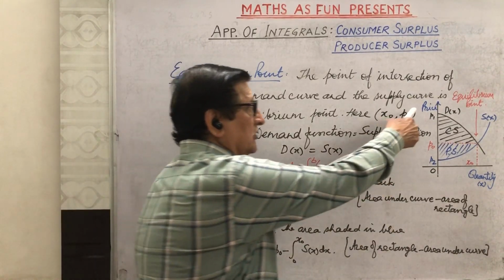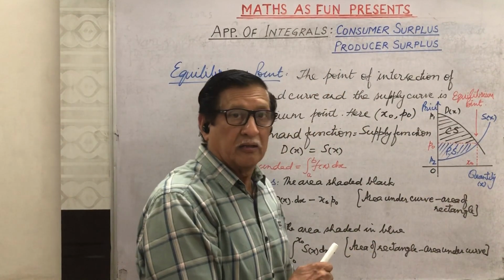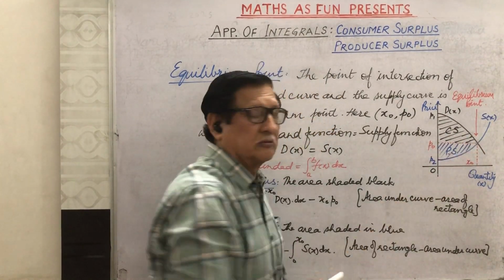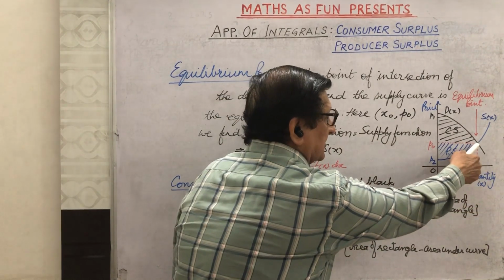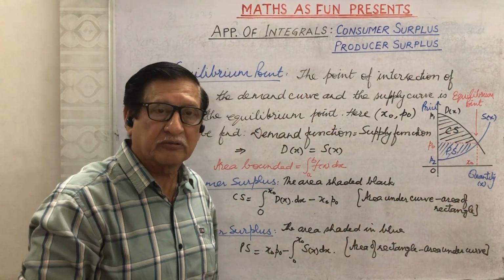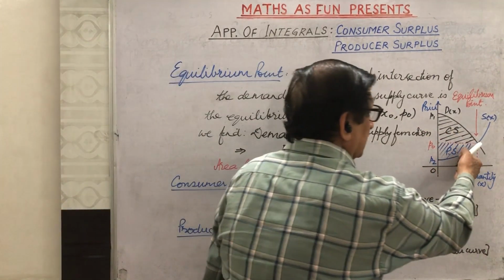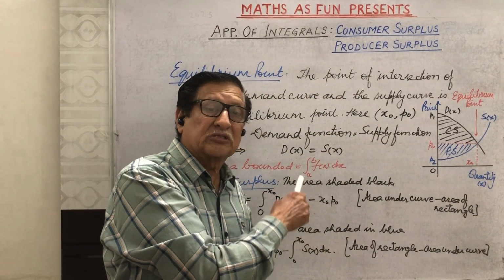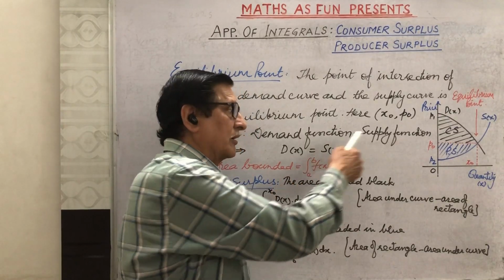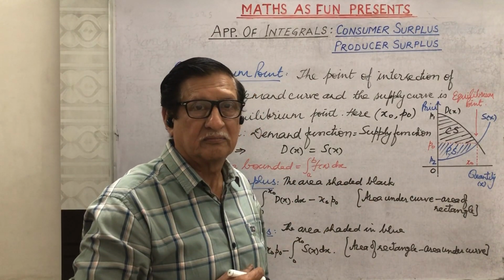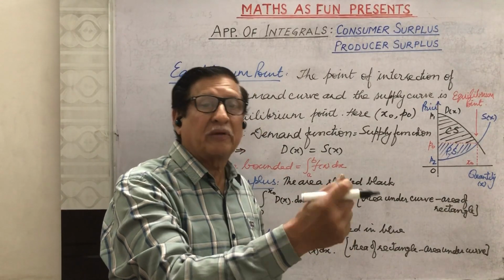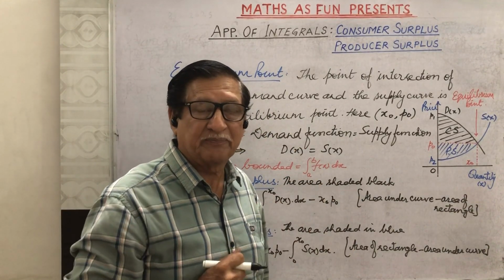Here in the curves, if we see the demand curve and the supply curve, they intersect at a point. This point of intersection is known as the equilibrium point. What we find at this particular point is that the demand function and the supply function are equal. The supply made by the producers is the same as the demand in the market by the people.